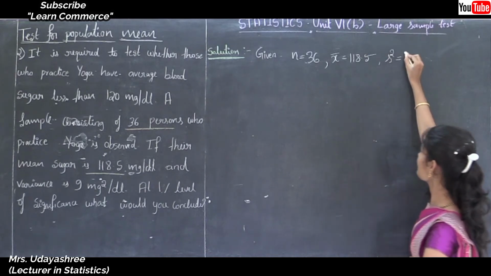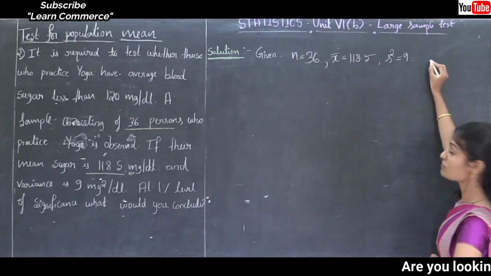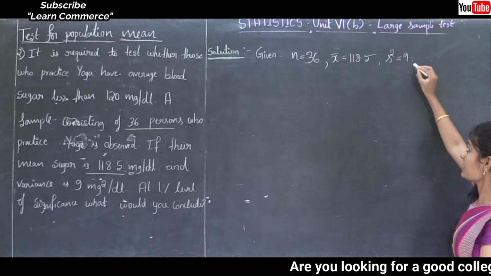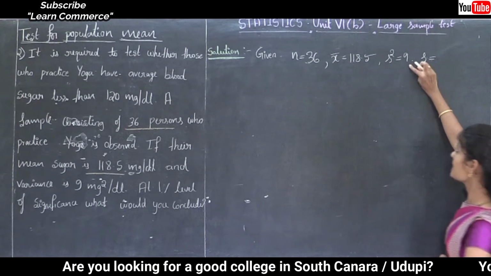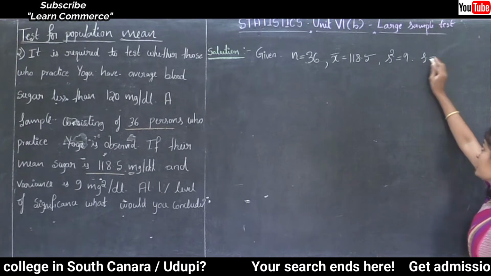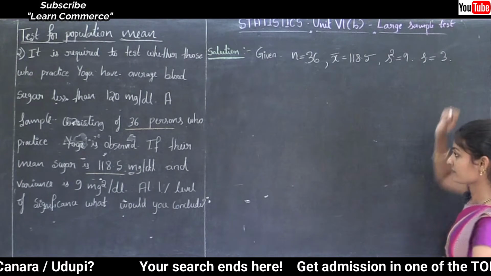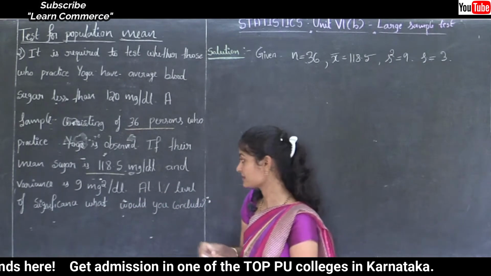So the given observation is 9, but for calculation purposes we need the standard deviation. So how to calculate standard deviation? That is the square root of variance, and standard deviation is denoted by small letter s. Here variance is 9, the square root of variance is 3, and here at 1% level of significance.